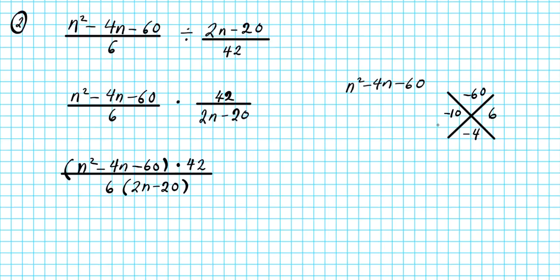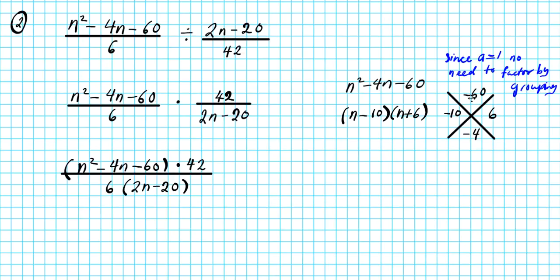So since a is equal to 1, we have no need to factor by grouping. Anytime a is equal to 1, you can jump straight to the factored state. So here we can just skip to the factored state, which is n minus 10 times n plus 6.